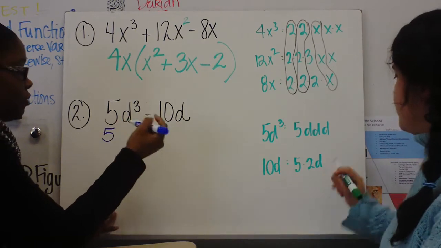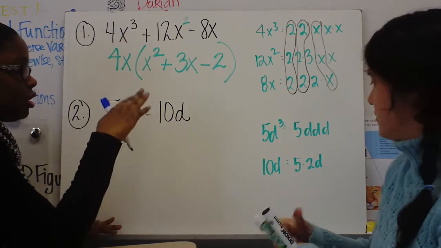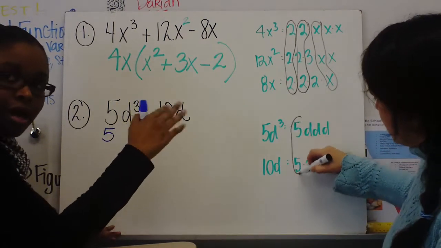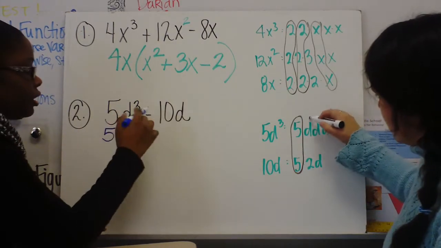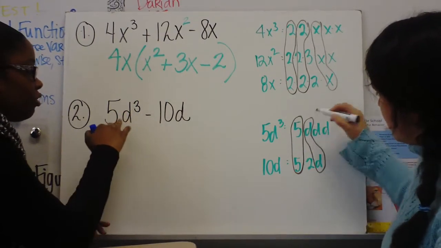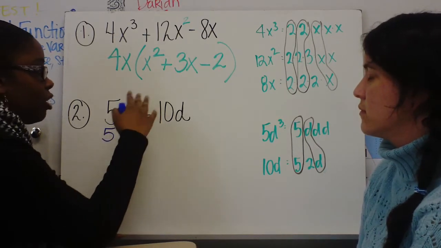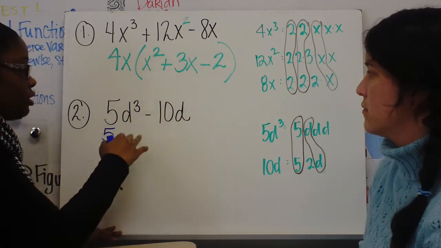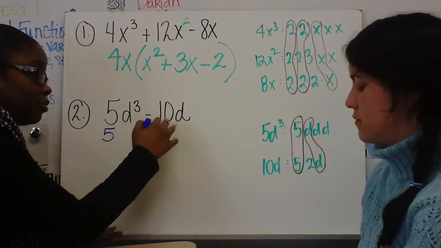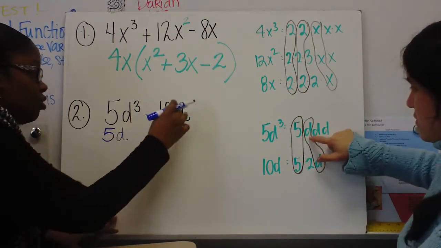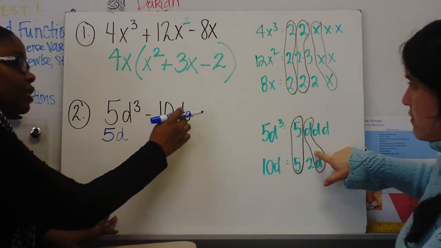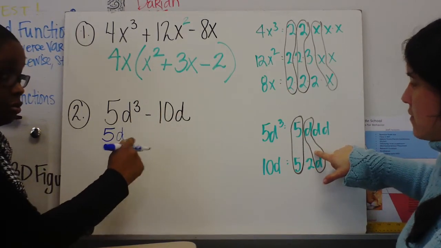Alright, and so, like Ms. Hintler said, once you do enough of writing them out individually, you're looking at the number first to find the greatest number, but when we talk about variables, it's actually the smallest amount for the exponent. So we have a D in both terms, so we know a D needs to come out, but we only can pull out one D because this one has an exponent of 1.